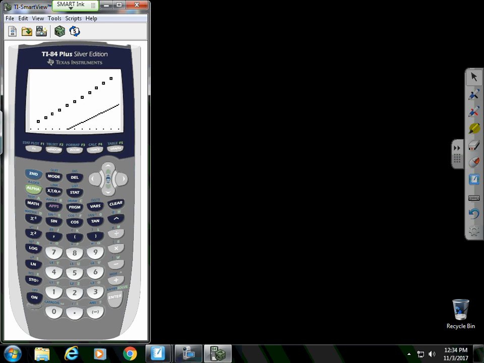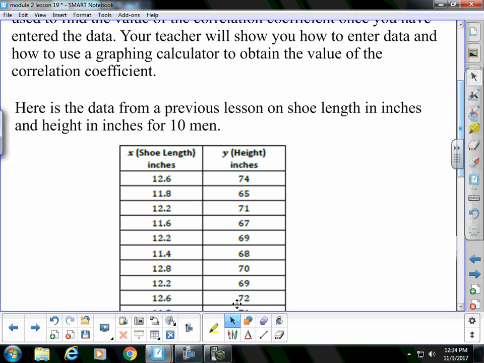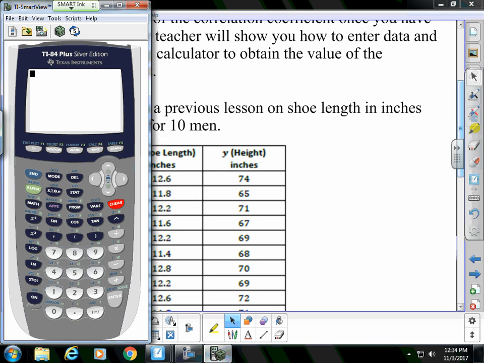I'm going to clear my memory because I don't know what's already in my calculator. Every time I get my calculator for the first time, I like to clear it, so that old stuff doesn't interfere with what I'm doing. That's always a good thing to do.